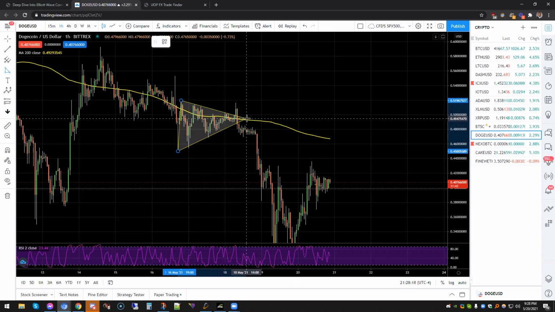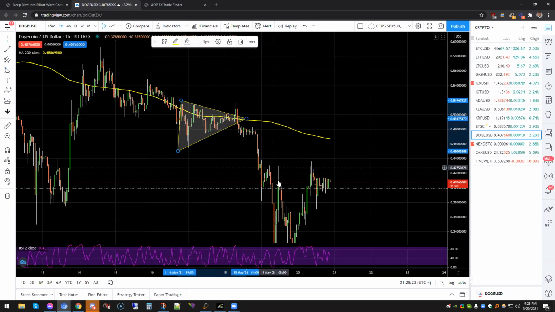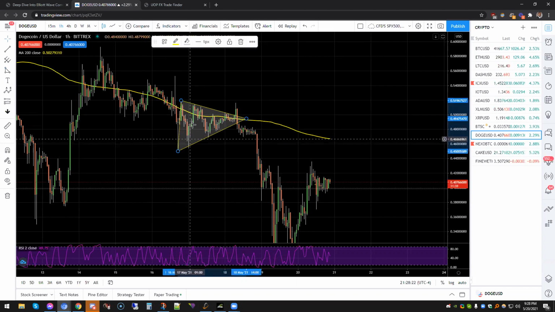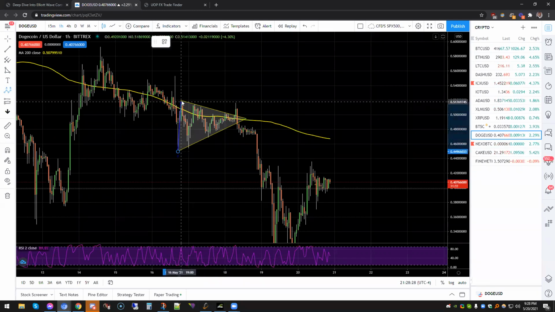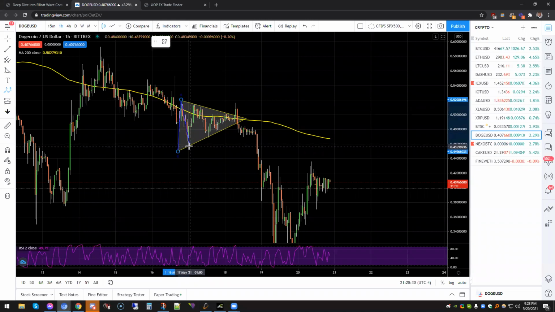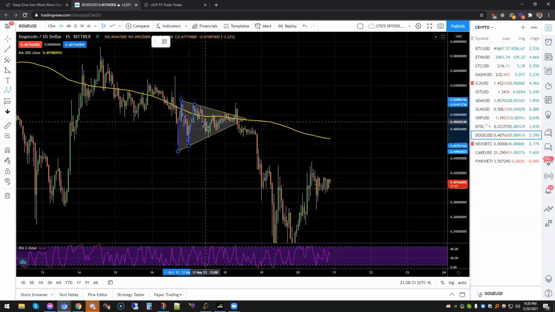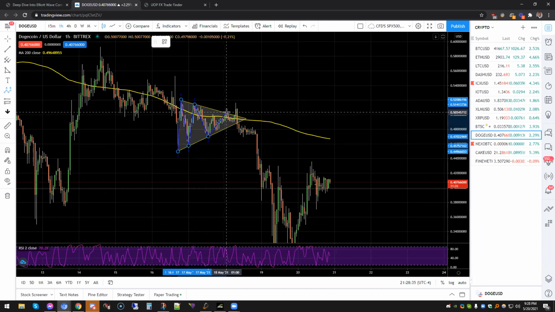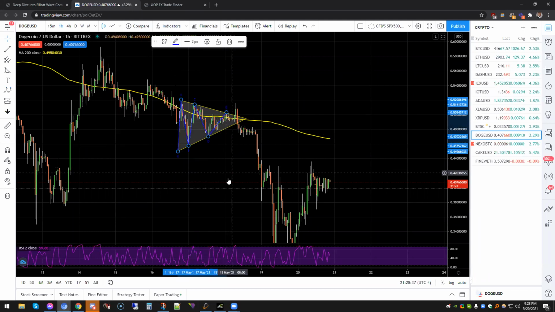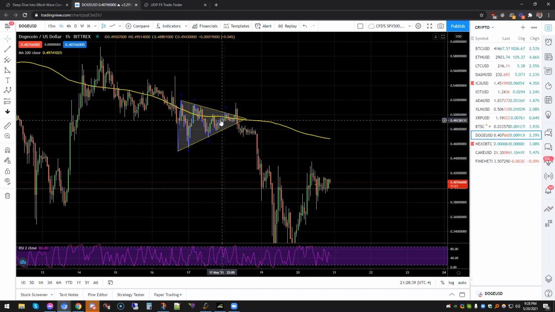So this one would give me a triangle that looks like this. So I have 1, 2, 3, 4, 5. And then I could use this tool: 1, 2, 3, 4, 5. Let me just change the color.